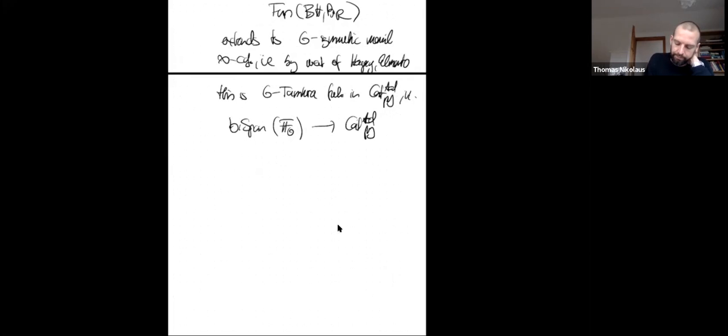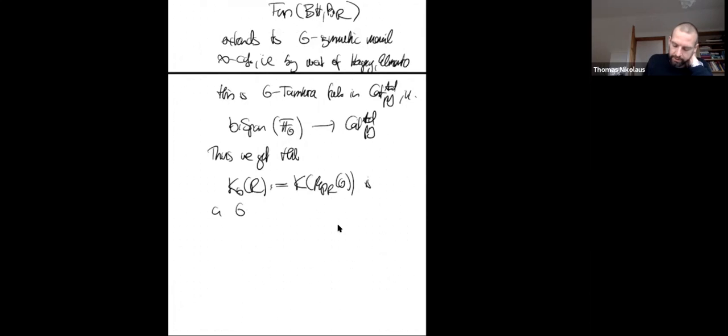And thus we get that K-theory, KGR, which is just the K-theory of this representation category Rep RG, is a G Tambara functor.